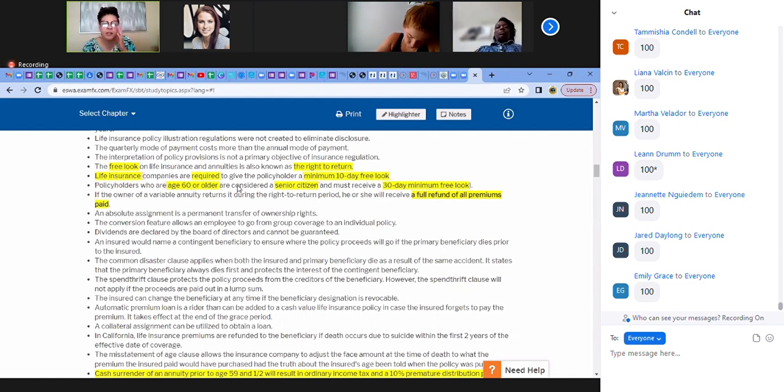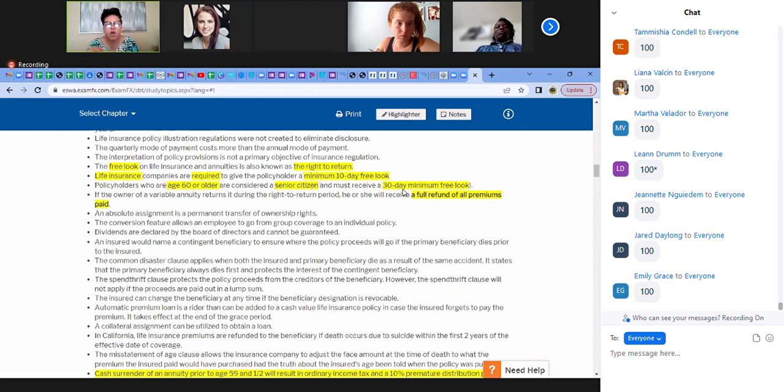The free look period for a senior is 30 days. So if someone signs and dates and they're 60 and older, they got 30 days to cancel the policy for a full refund. If it's an insurance policy, remember, it's usually just 1 month. 30 days is just 1 month. That means I got the policy, I paid my first month, and if I cancel it, they get a full refund of it.